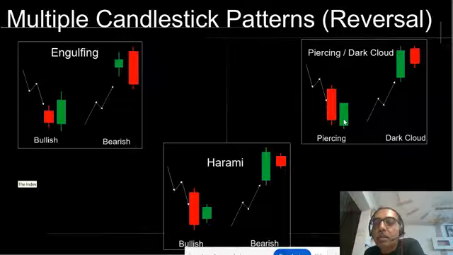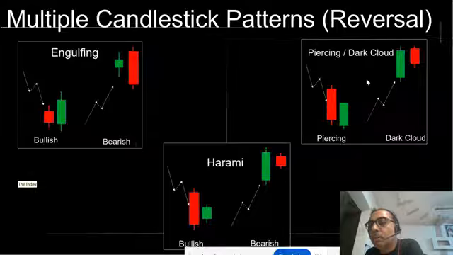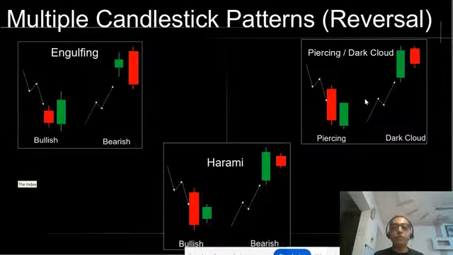The trade that could be taken is 1 point above this high. A trader can place a buy order, and stop loss would be just below this wick, the lowest of this price. And then depending upon how the price action moves, he would start taking profits. These are the reversal patterns.